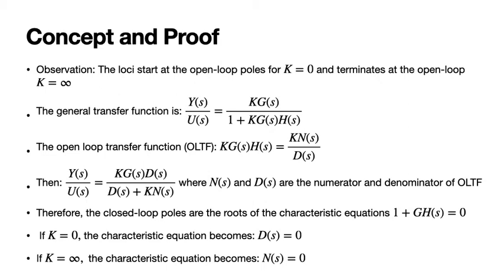Then if we put it together, YS over US, or the output over the input, is actually KGS, N(s) over D(s) plus K N(s), where N and D are the numerator and denominator of the open loop transfer function. Therefore, the closed loop poles are the roots of the characteristic equation 1 plus GHS equal to 0. From this observation earlier, if k equal to 0, the characteristic equation becomes denominator equal to 0. If k equal to infinity, the characteristic equation becomes numerator equal to 0.